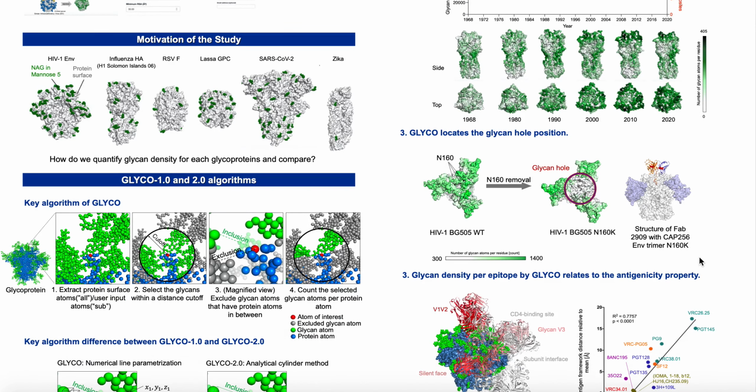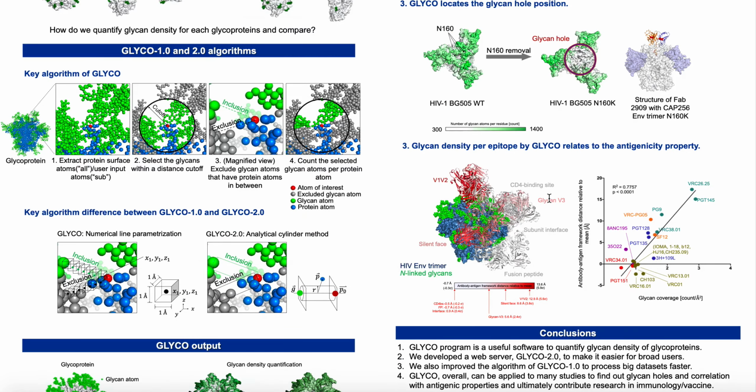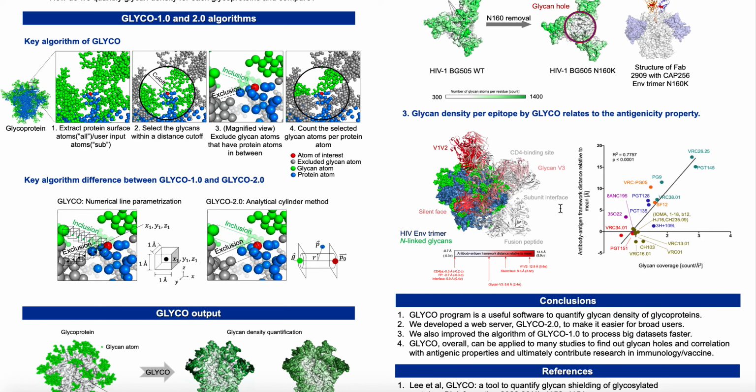Below that, another application of GLYCO is to find the glycan hole, as you see here, which is a really critical place in vaccine design, because normally antibodies try to bind the glycan hole area of the antigen. Additionally, GLYCO has an ability to calculate the glycan density just for a specific epitope, and then it can be related to other antigenic properties such as antibody-antigen framework distance.